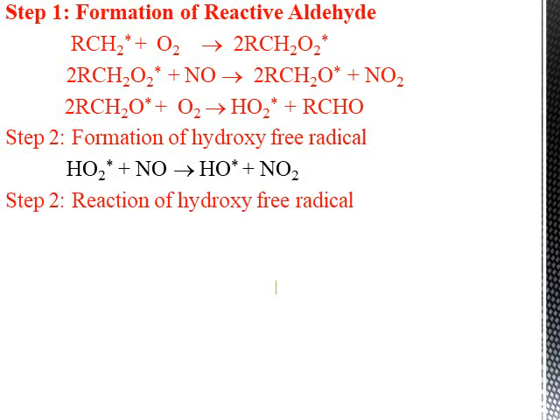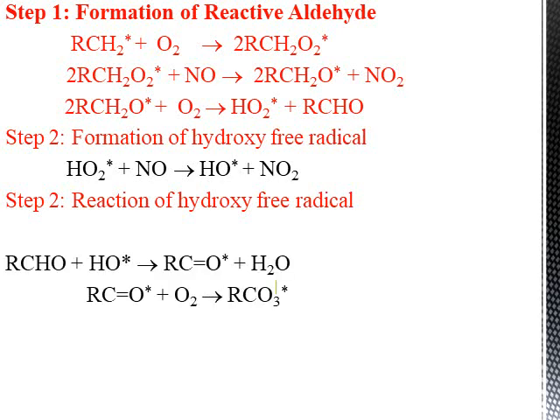And the third step is the reaction of this hydroxy free radical with the aldehyde. This hydroxy free radical also simultaneously forms in the atmosphere, and the stable aldehyde formed in the atmosphere by continuous reaction, both will react with each other.